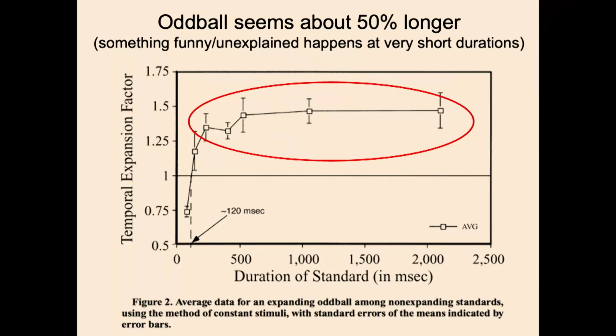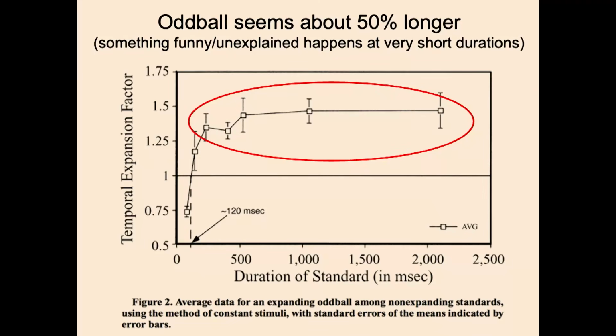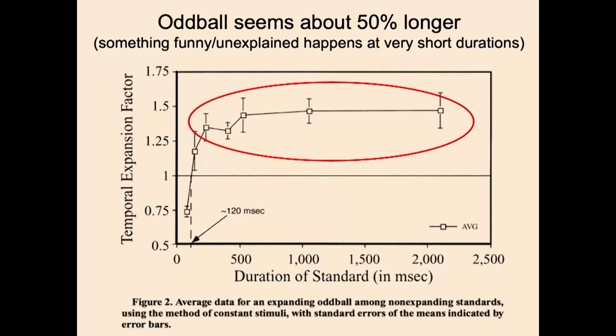You can do experiments where you vary the relative durations of the thing that expands and the static ones, and find the duration at which things look to be the same, and then you can calculate what they call a temporal expansion factor. Okay, so 1.5 means that the expanding thing looks like it's about 50% longer than everything else, and that was true across a range of durations here. That's the thing circled in red. So the oddball seems about 50% longer.